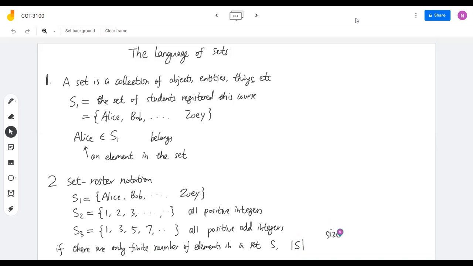And more formally we call it cardinality. For example, I would say |S1|, the cardinality of the set. Okay, for example, I would say |S1| equals 26, as supposedly there are 26 students registered for this course.